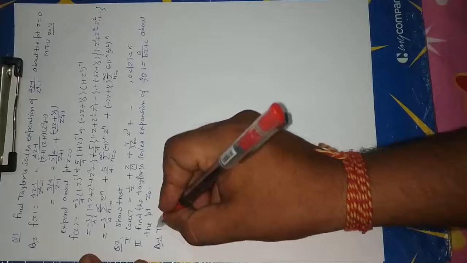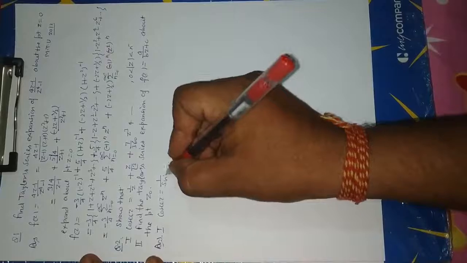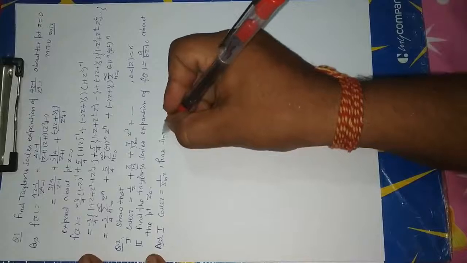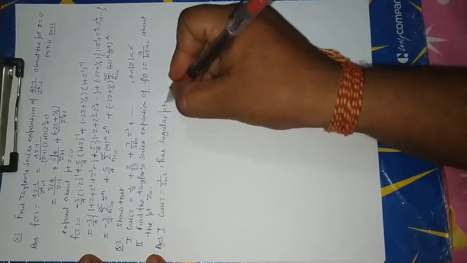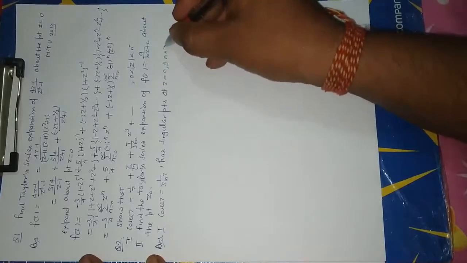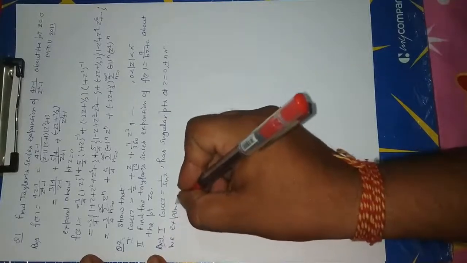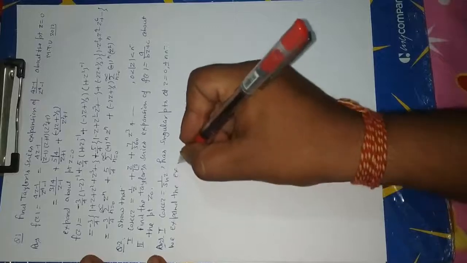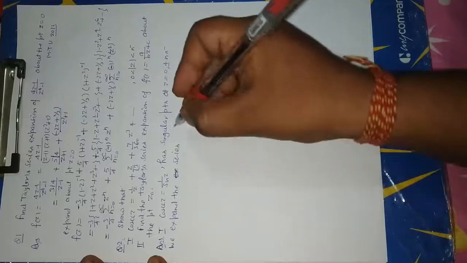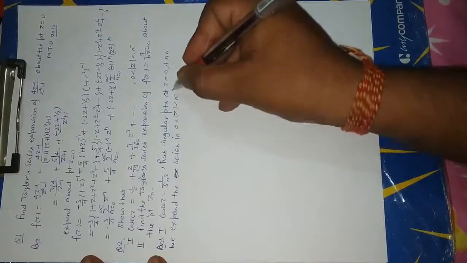Now solution. First part, cosec z equals 1 upon sin z, which has singular points at z equal to 0, plus minus n pi. We expand the series in the annulus modulus of z greater than 0 and less than pi.